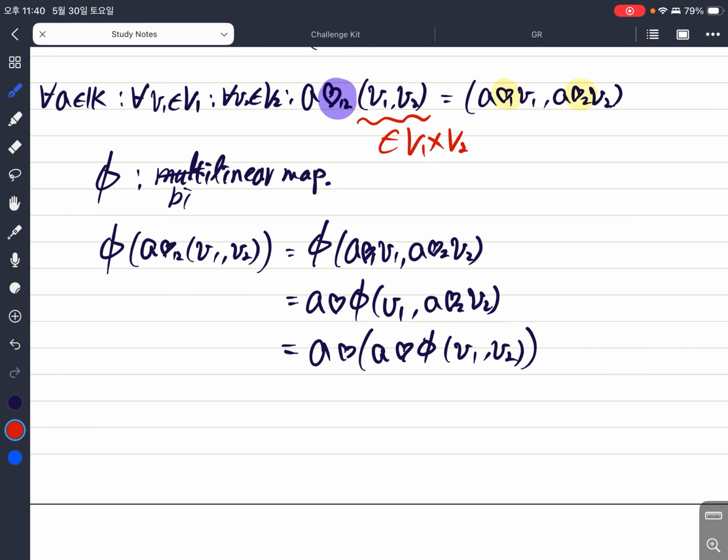From the associativity, this is just a squared heart phi of v1 comma v2.